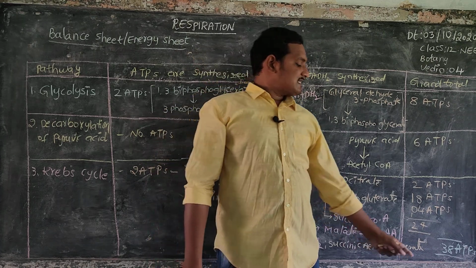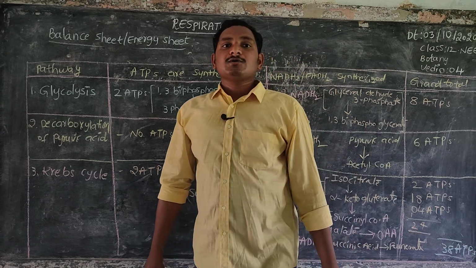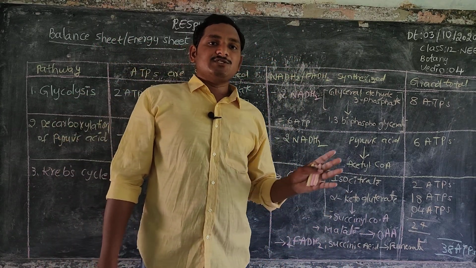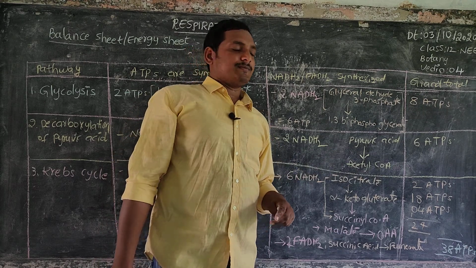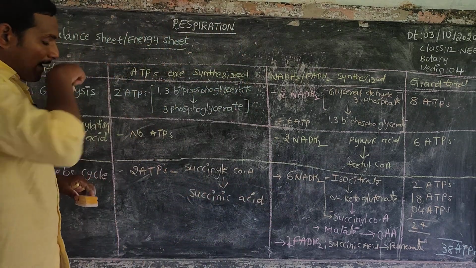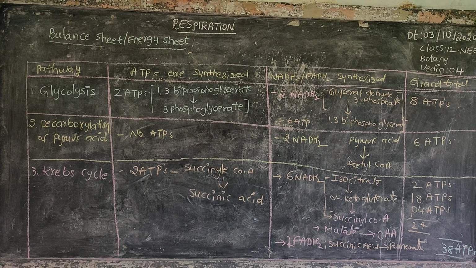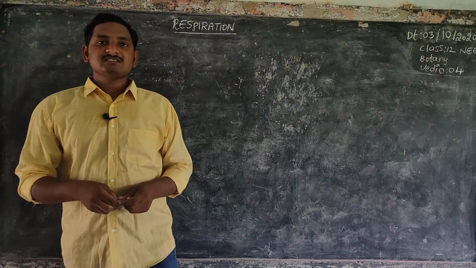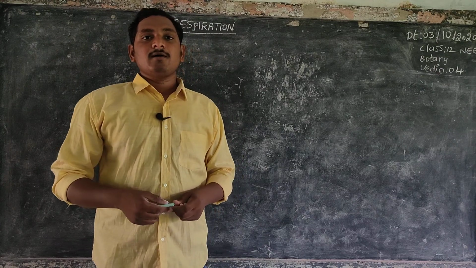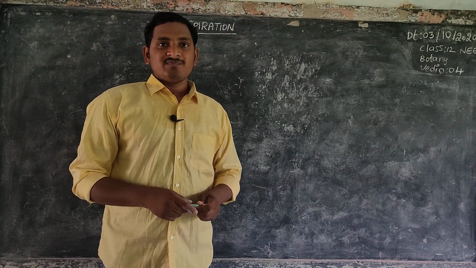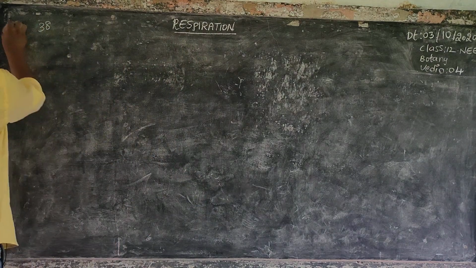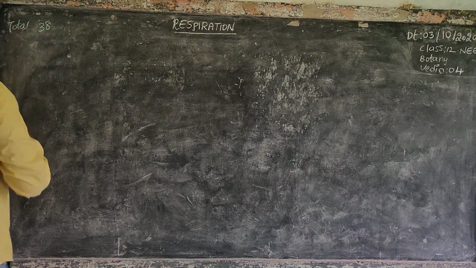That's why these remaining 2 ATPs are spent to pump this NADH2 into the mitochondria. Two shuttle systems work to pump the NADH2 into the mitochondrial membrane. So, total 38 ATPs.